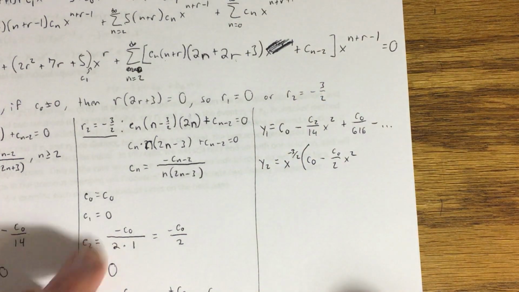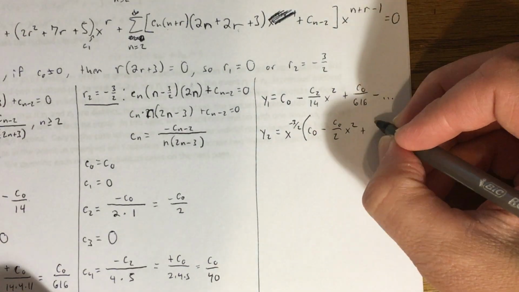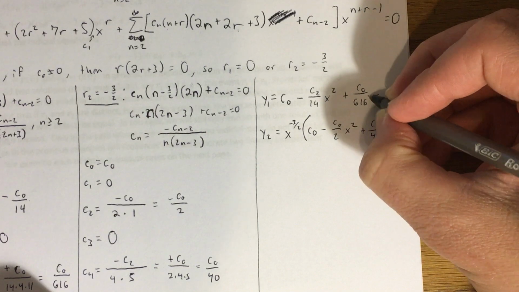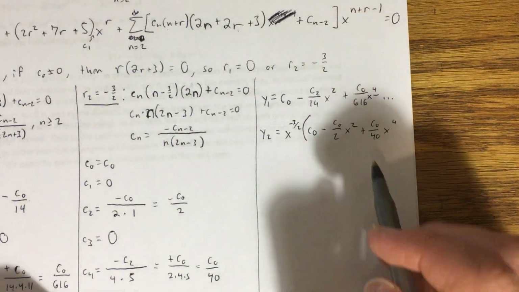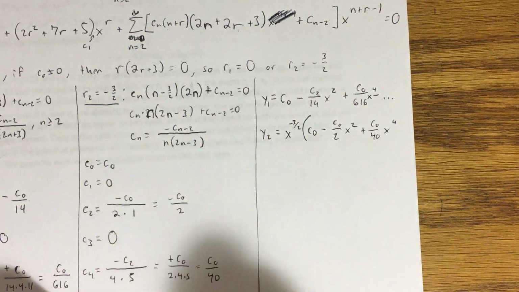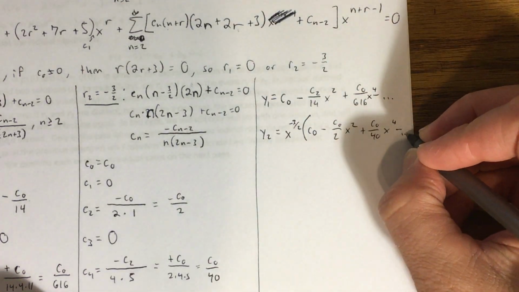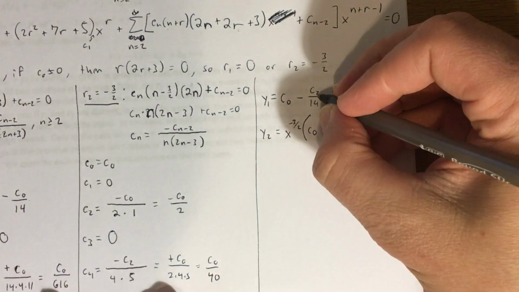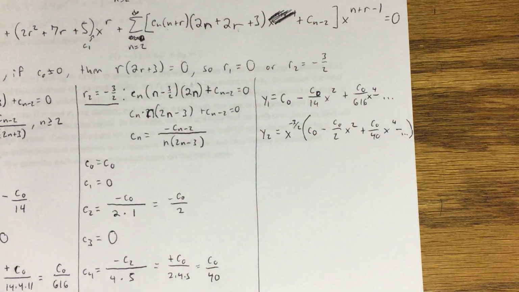Notice the x term is going to be a 0. Plus C0 over 40 x to the 4th. I forgot to put my x to the 4th up here also. So again, we're only getting these even powered terms because of these alternating zeros, minus ... Okay. That should be C0.